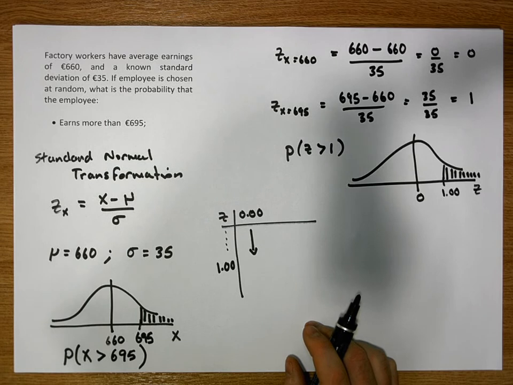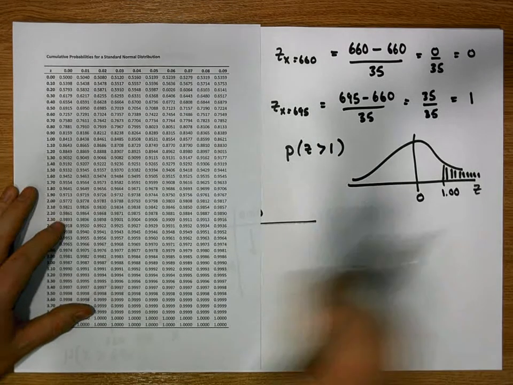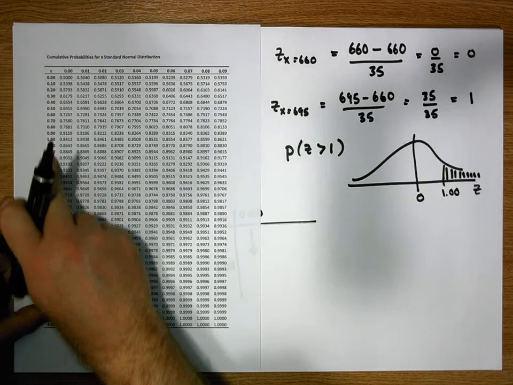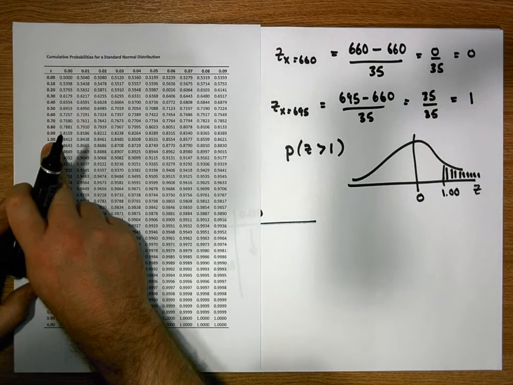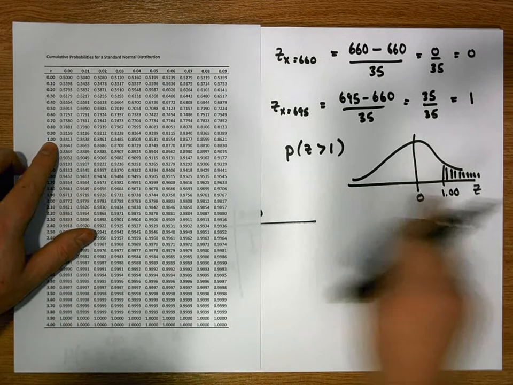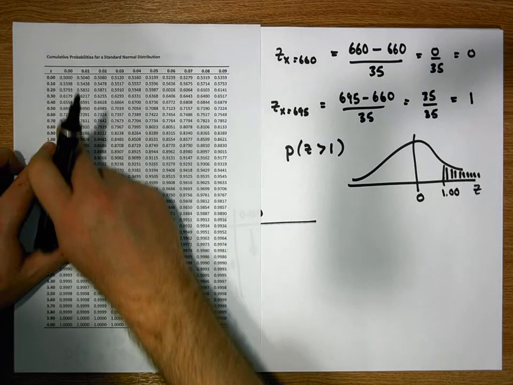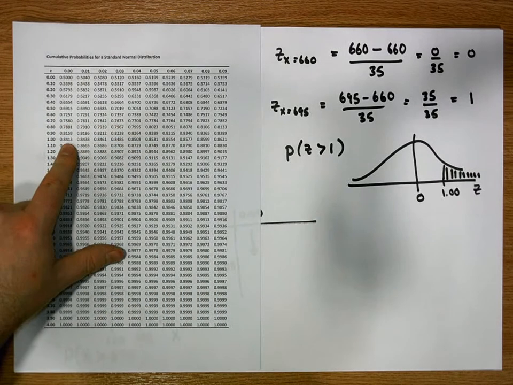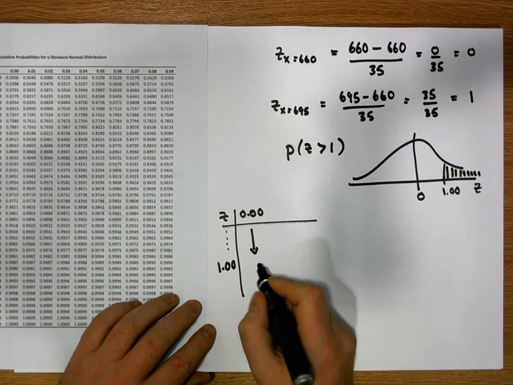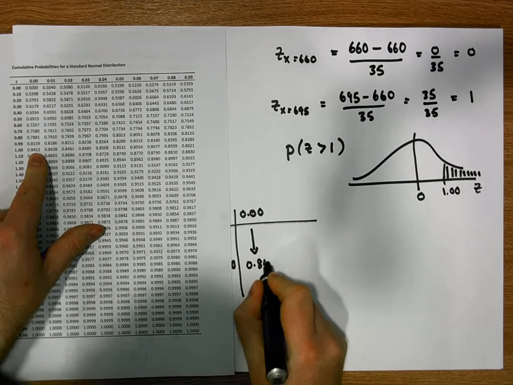So when we go to our tables and look up 1.00, we come down to the first significant digit of 1, and the first decimal digit of 0, and we look for the second decimal digit along the first row, the first column, which gives us 0.8413. So when we look up 1.00 on our tables, we get 0.8413.